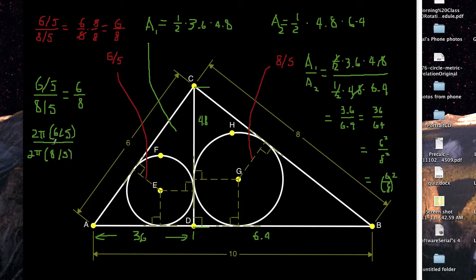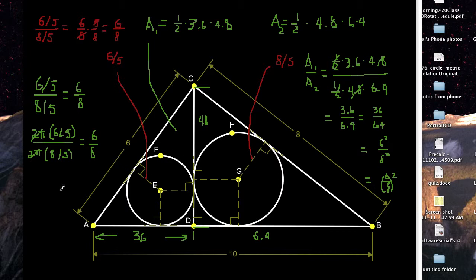So the ratio of the circumferences, that cancels, is 6 fifths divided by 8 fifths, which is still 6 over 8. So the circumferences, being one-dimensional features, have the same ratio of 6 over 8.